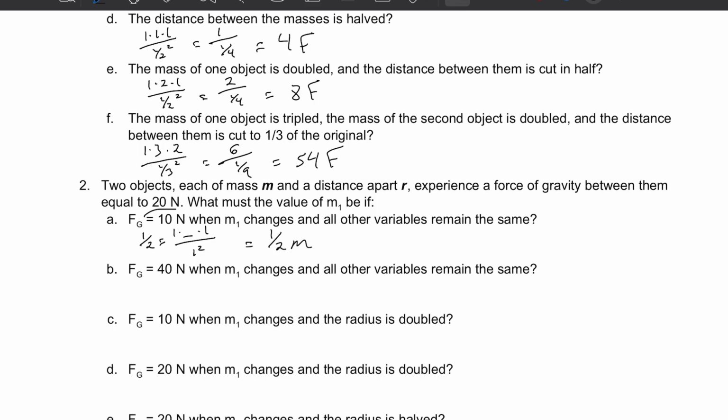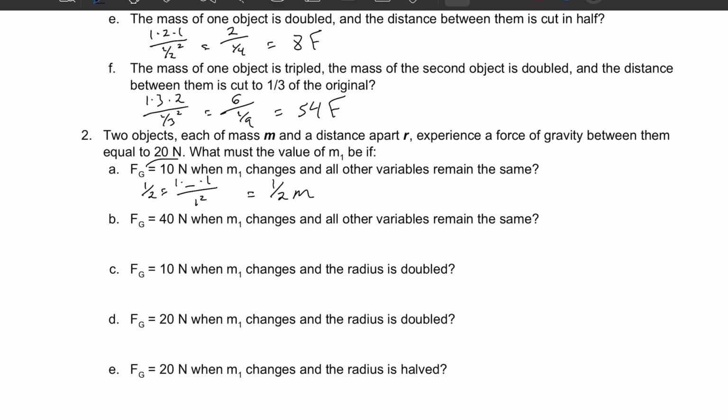Well, it's just simply 1/2 the mass. For the second one, I'm doubling the force. I'm going from 20 to 40, so my ratiometric change has to be equal to 2. If I'm only changing mass 1, well, if I double mass 1, I double the force, so it'll be 2 times mass 1. For C, I'm halving it again from 20 to 10.